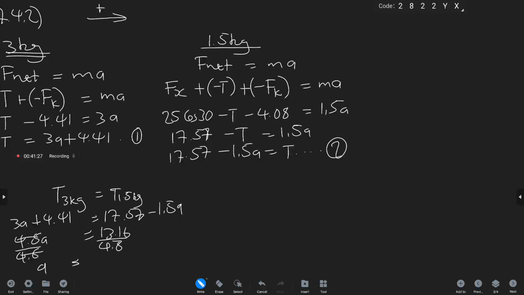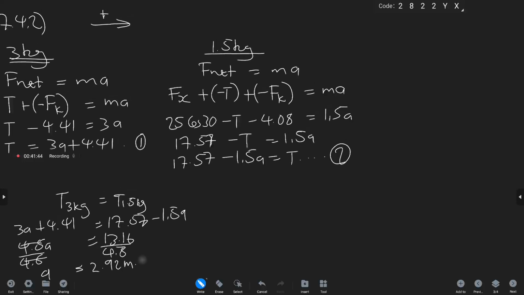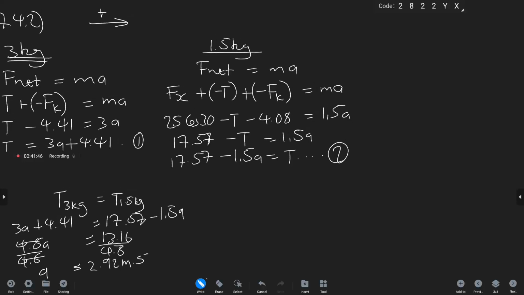And then from the acceleration of the object, which is 2 point something, we move on and then we substitute that same information in either equation 1 or equation 2 of our tension and see if we can determine the magnitude of the tension.